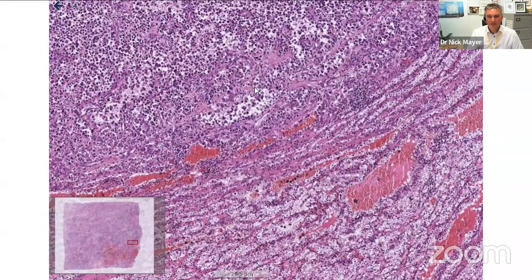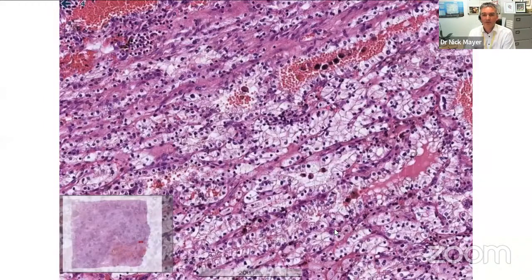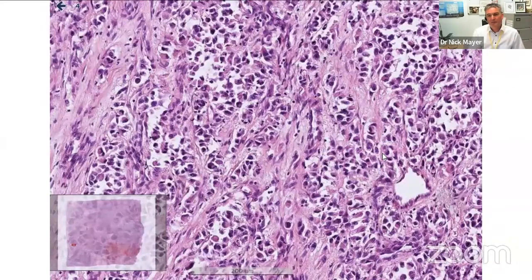This is the interface, and down at the bottom right of the screen, higher power, you can see a solid acinar arrangement of low grade looking clear cells, and then the bulk of the tumour was different to that, and was much nastier looking, with these solid alveolated nests and rather discohesive cells falling into the alveolar lumens.